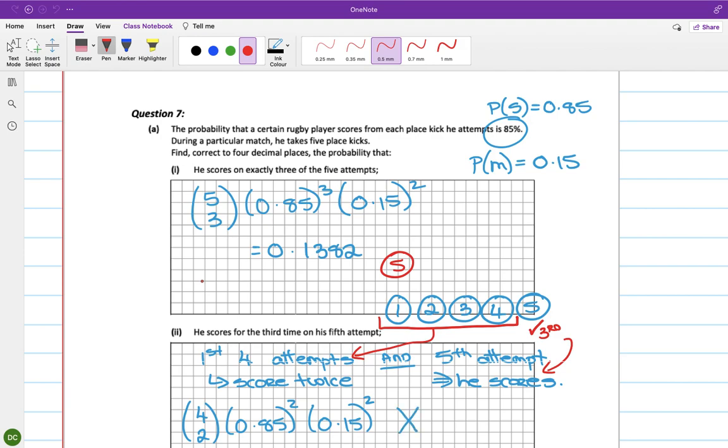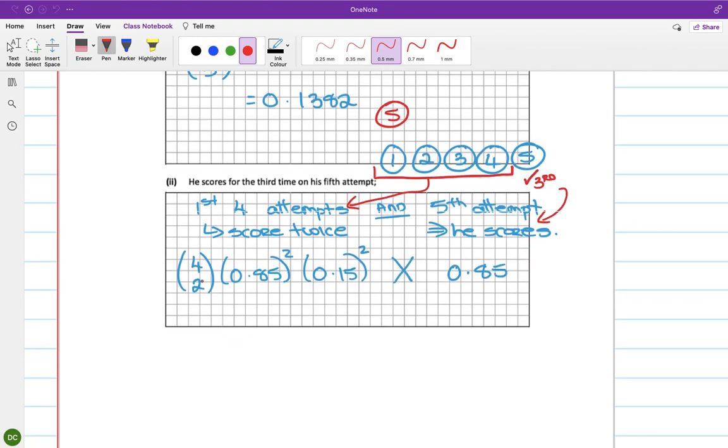He scores on the 5th attempt. So the 5th attempt is a score and the probability of a score is 0.85. And figure it out. Multiplied by 0.85 squared, multiplied by 0.15 squared, multiplied by 0.85.